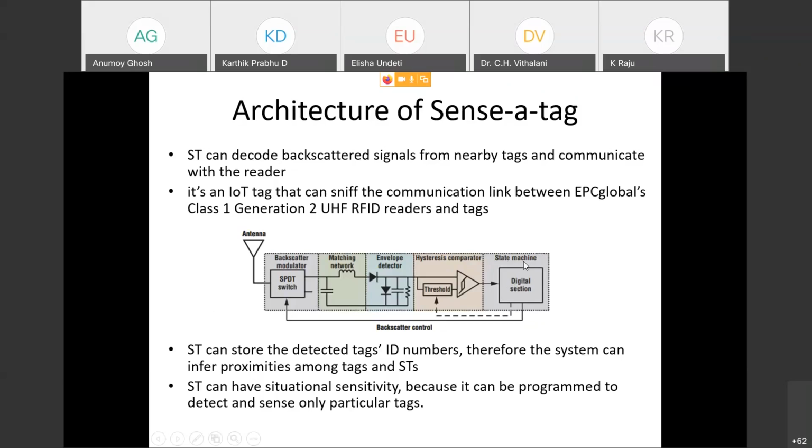It is a state machine because, if you remember the previous diagram, there are 3 parts. Suppose 10 meters is the distance. Whenever it comes within 8 meters, the driver will be alerted that you are going into the proximity range.